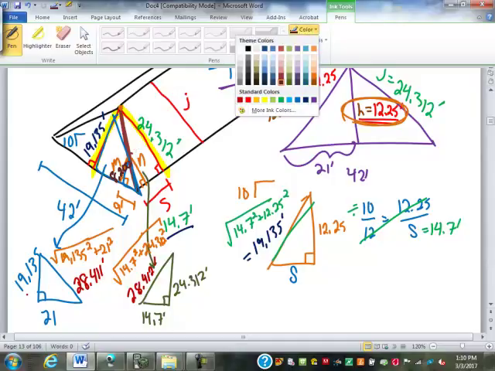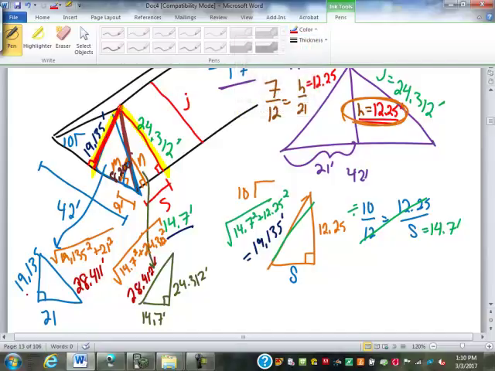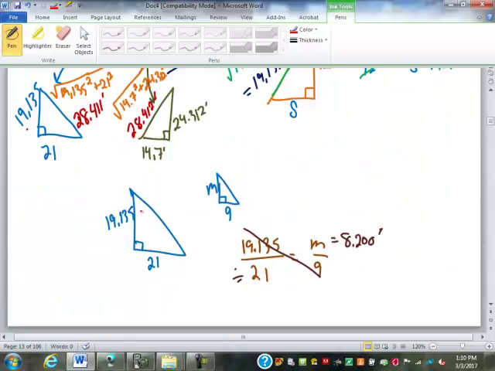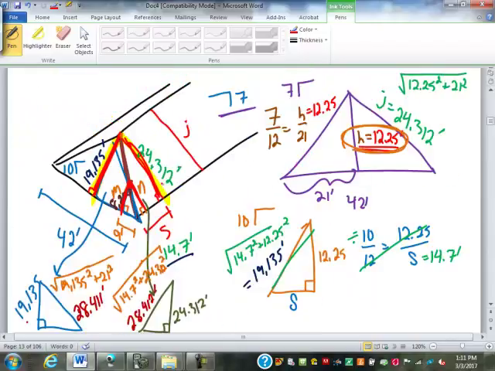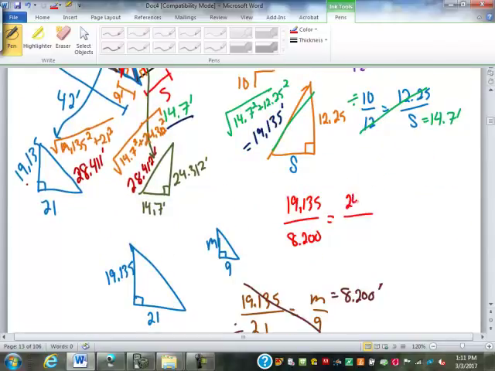The relationship between this piece and M will be the same as the relationship between this piece and N, because they meet at the peak here in the same spot. Does that make sense? So 19.135 over M, where M is 8.200, is going to equal the 24.312 here over N. What do you get for N? Now, first of all, does N have to be bigger or smaller than 8.2? Bigger. Because the number on top here is bigger. Right? So cross multiply and divide. What do you get?